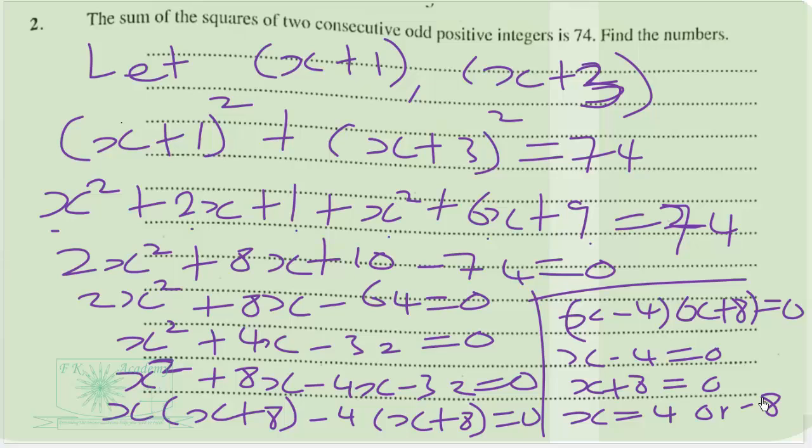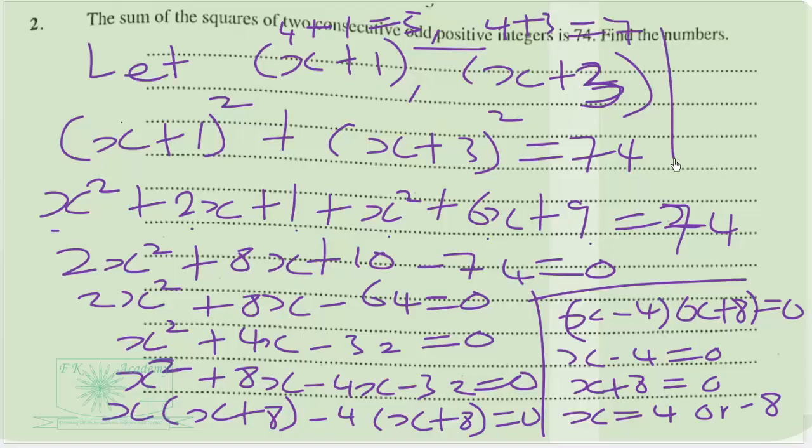But we're told that the number is positive. So we take x equal 4. When x equal 4, we get 4 plus 1, and that will give us 5. Then over here we get 4 plus 3, and that will give us 7.